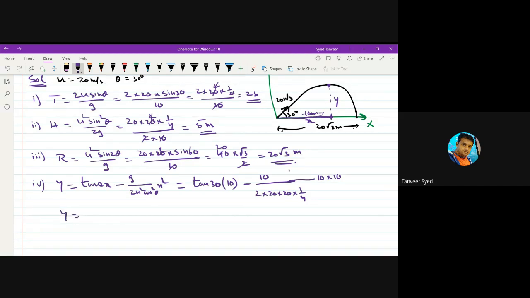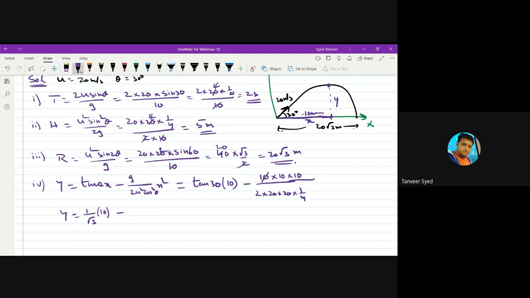Tan 30 is 1 by root 3. Into 10 minus, so I can write this 10 into 10 into 10 into g into x square.